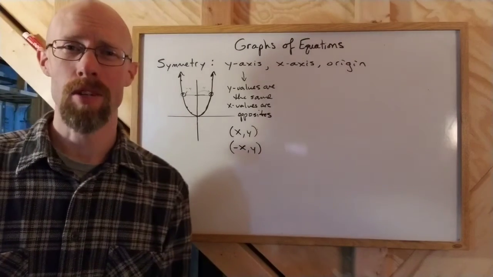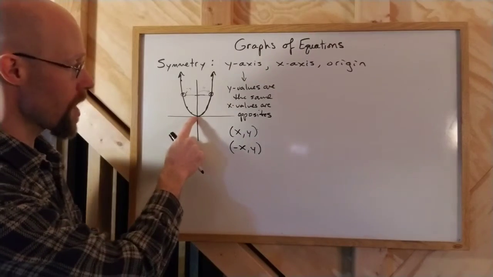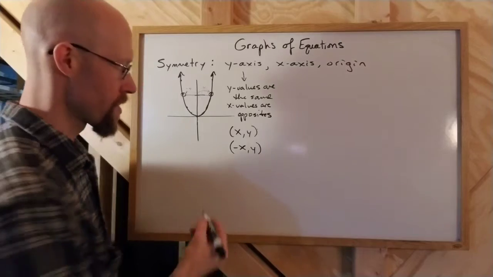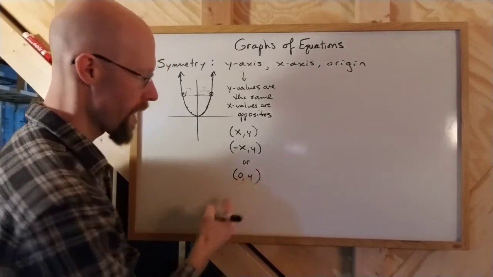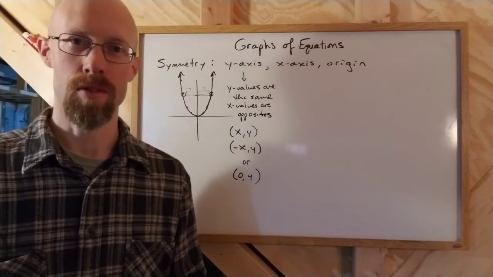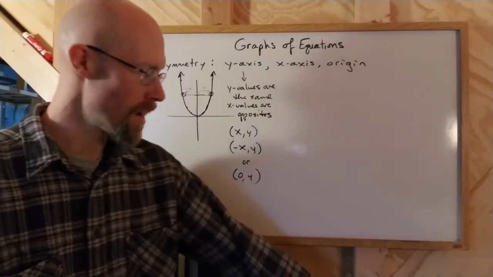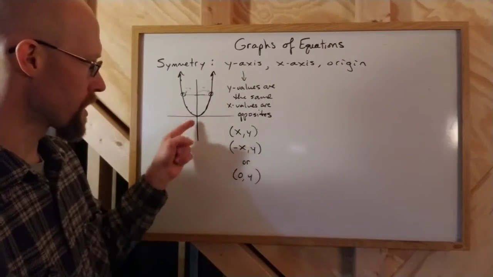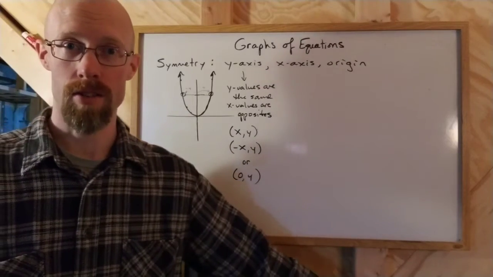The only exception to that would be any point that's actually on the y-axis itself is its own symmetric point. Okay, and so you might just have a point that's 0, y, in which case when you do the negative of 0, it doesn't change. Okay, so you could have that occur, but every other point that's not right on the y-axis will have a positive and negative version on the x coordinate.